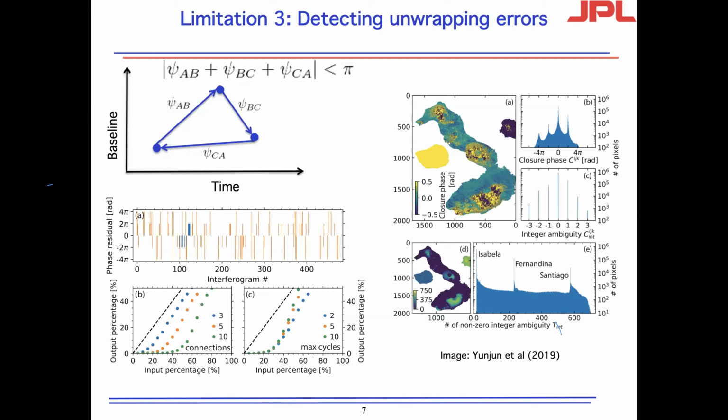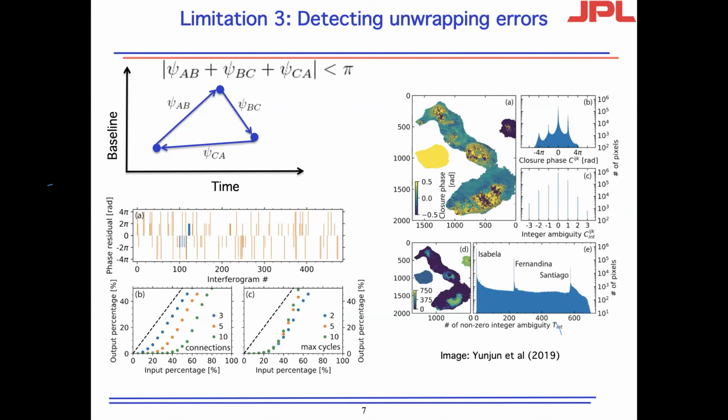And you can see that also very clearly in subplot E, where the Isabella Island is the peak on the 0, which means that the majority of the pixels on that island have 0 non-zero integer ambiguity of the closure phase.